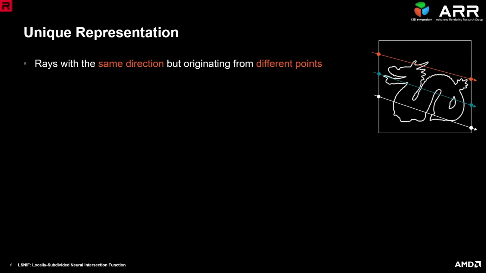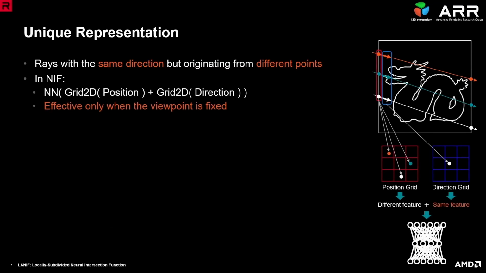So here, let's consider the rays with the same direction, but originating from different points, as shown in orange, blue, and white here. In the previous NIF, the input to the neural network is constructed with outputs from two different 2D grids. One is for the intersection position on the AABB, and the other is for the ray direction.